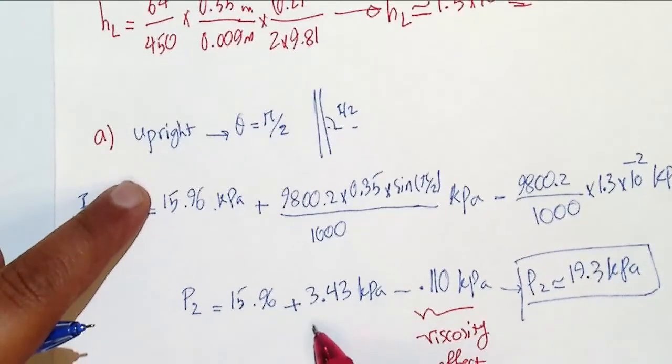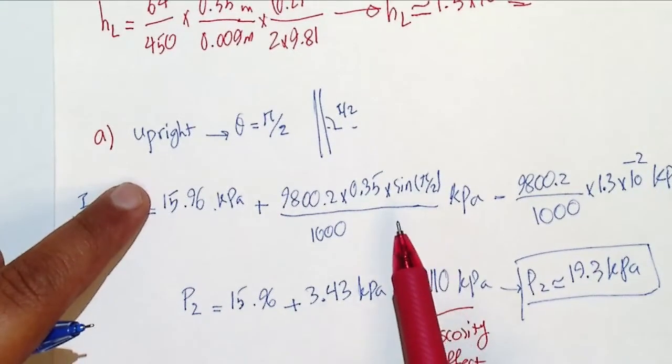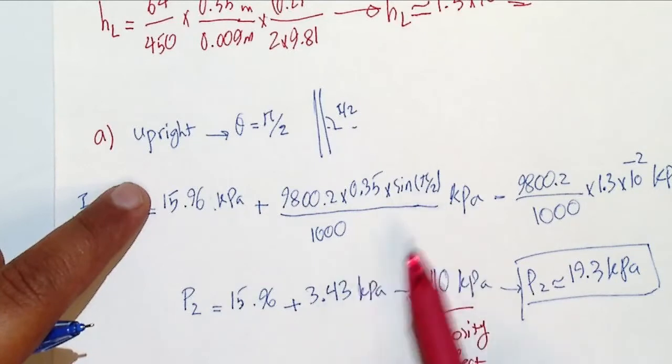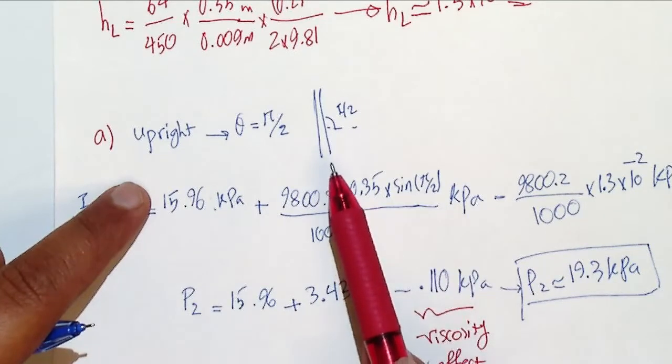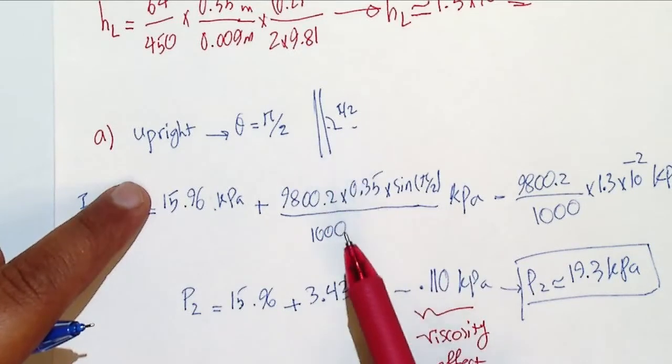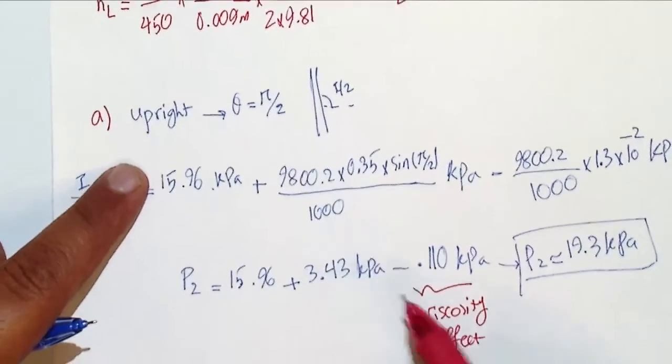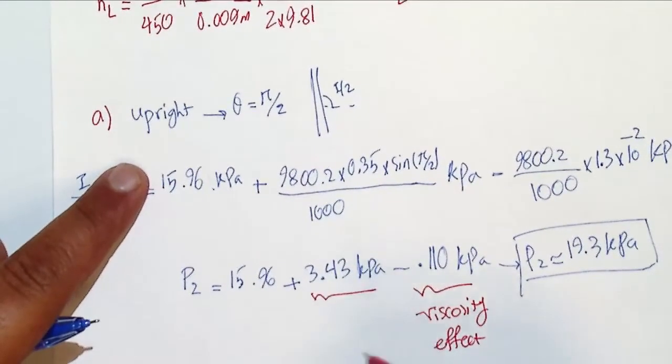And the other one that you have, L sine of theta, is because of the direction of the pipe versus the horizontal direction, so that's going to be your gravitational effect.